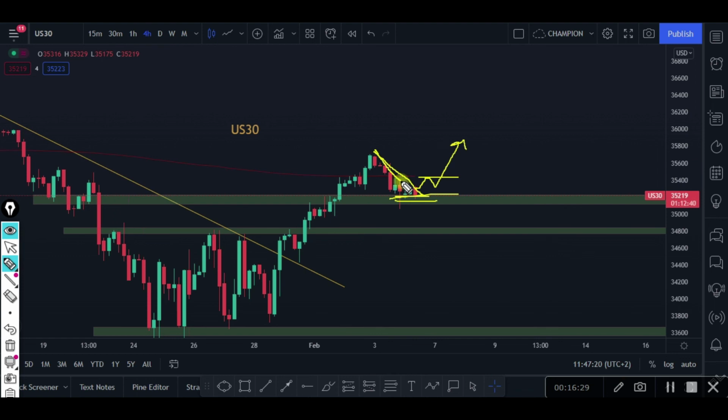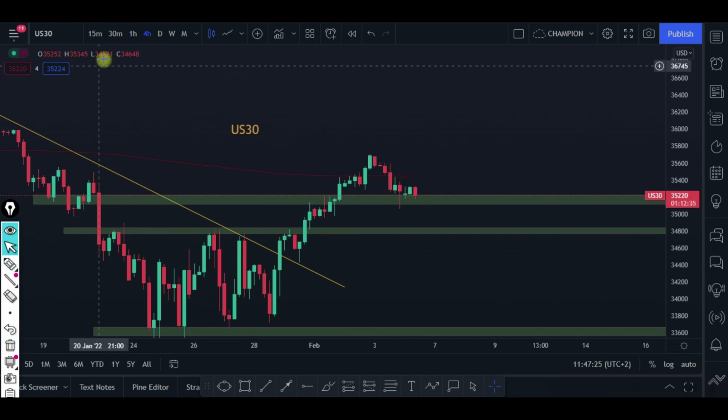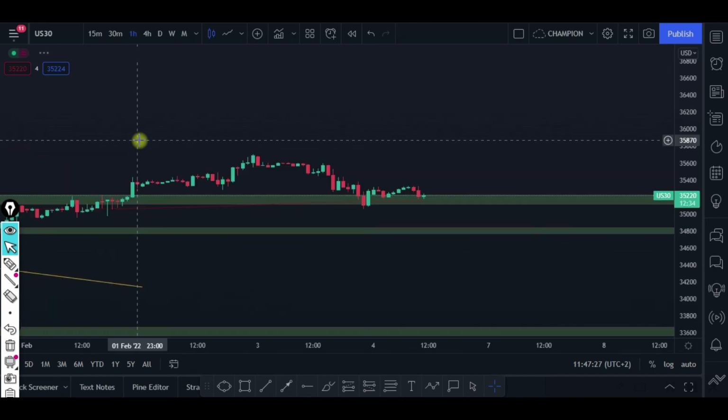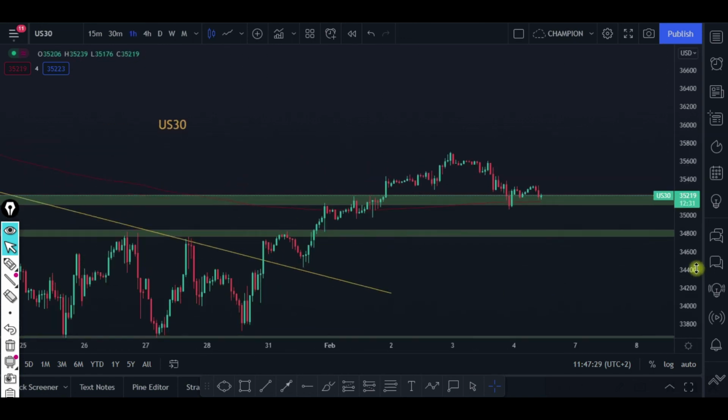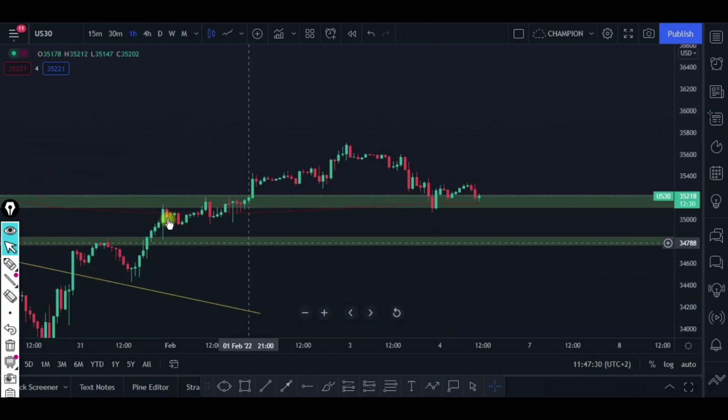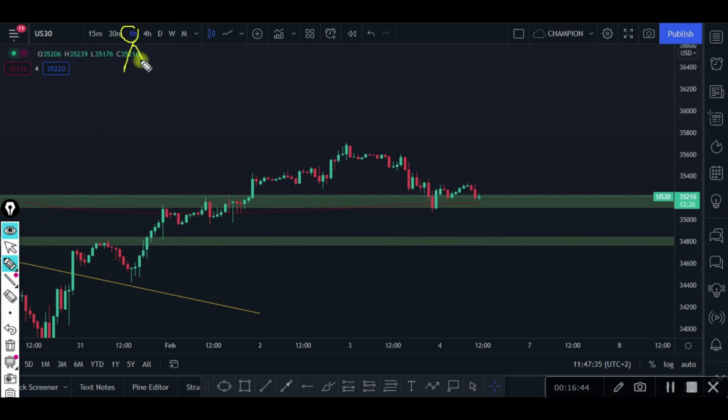Then if we go to the lower time frame, let's push to the lower time frame so that we are able to see what I'm talking about right here. We are on the 1 hour time frame. The market is creating this area. If it breaks out of it, we're gonna have a retest and push high.